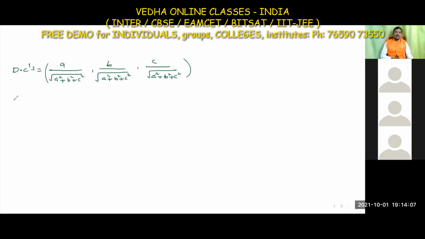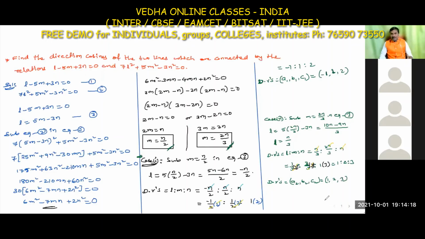So in case 1, we take the A1, B1, C1 values. What are the values of A1, B1, C1? Here A1, B1, C1 values are minus 1 comma 1 comma 2.